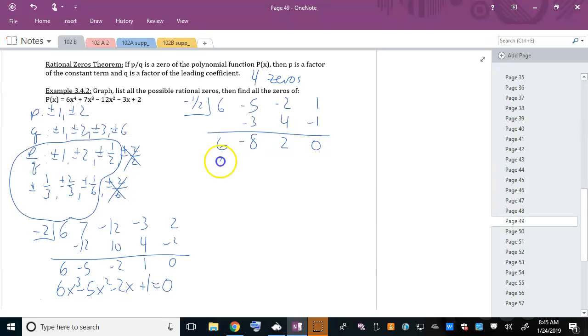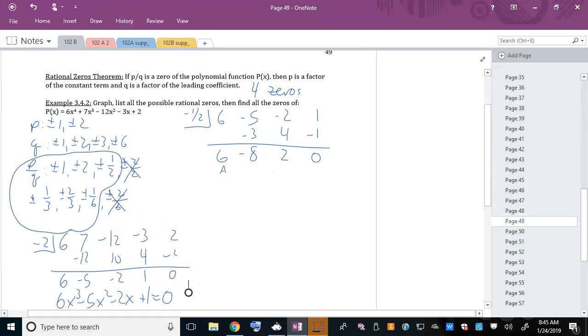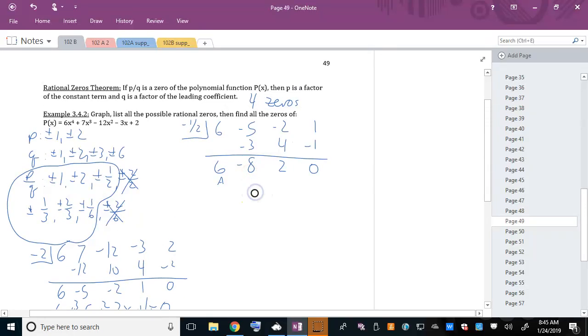And again, this is now a quadratic. So here's my A, my B, and my C, and I can go ahead and use the quadratic formula.